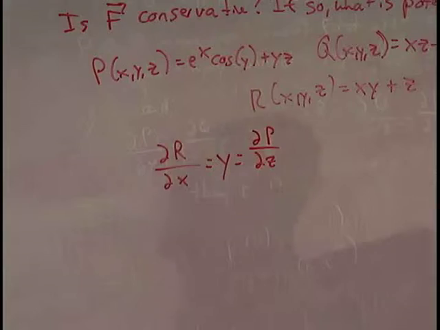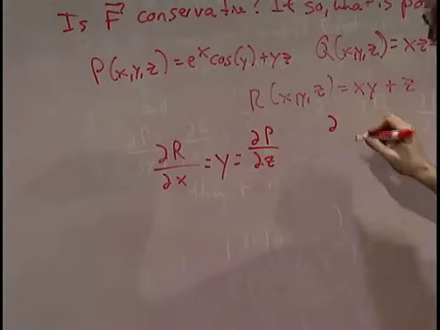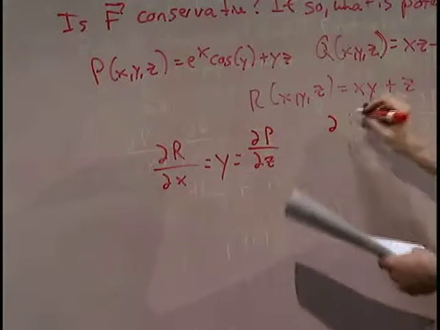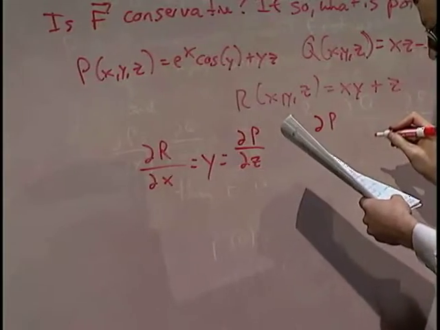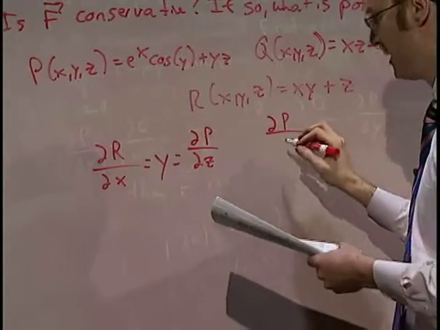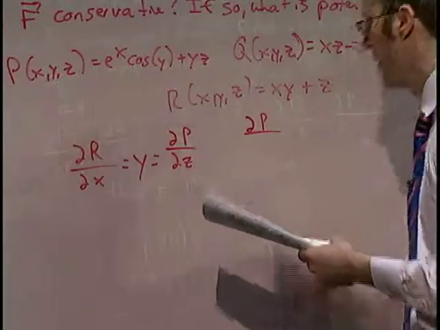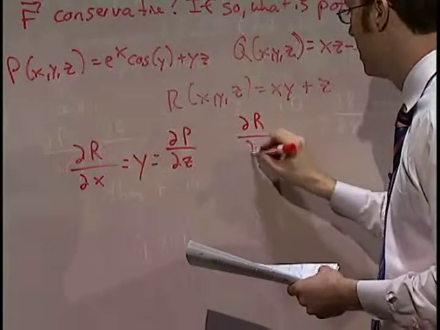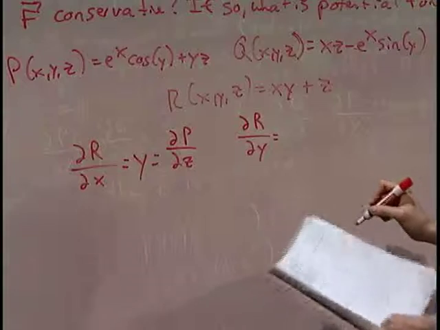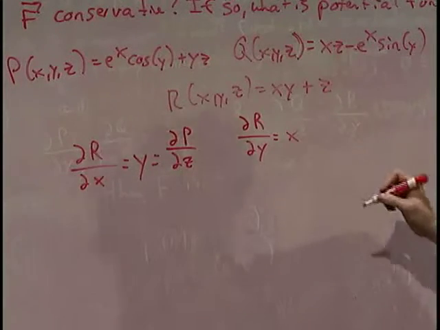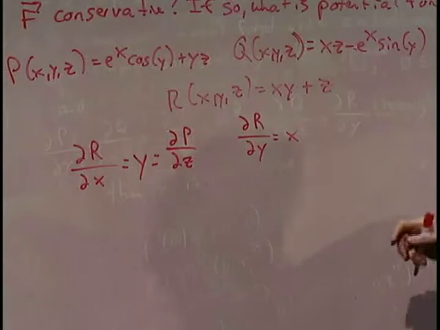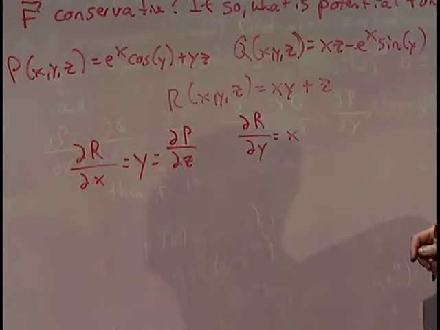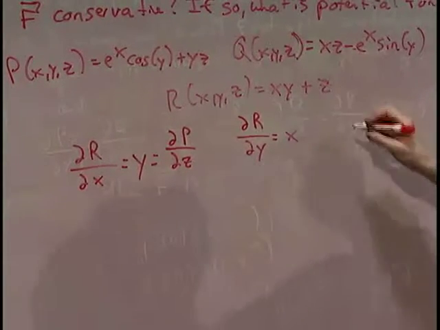Okay, and let's see, what else? Partial P, partial z, I already had that one. Okay, I see what I'm doing. So partial R, partial y is equal to x. So that must be equal to partial Q, partial z. So that works.